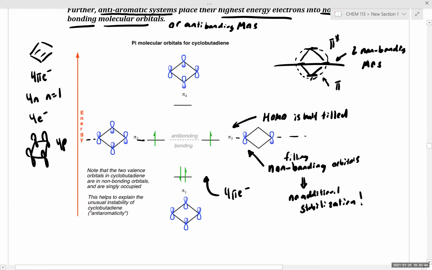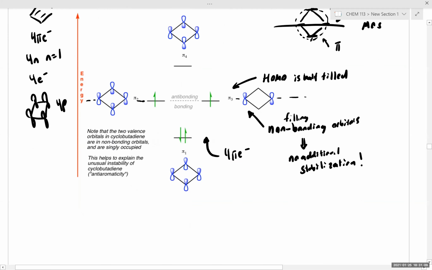So because having these half-filled highest occupied molecular orbitals is so destabilizing, and because we are filling these non-bonding orbitals that don't give us any additional stabilization, when we place our pi electrons into these molecular orbitals, we see that overall our electrons are less stable in this anti-aromatic system.